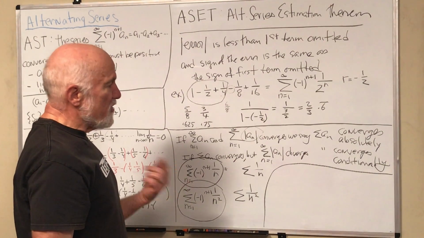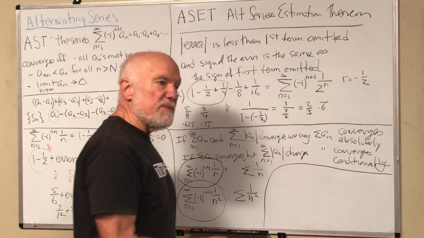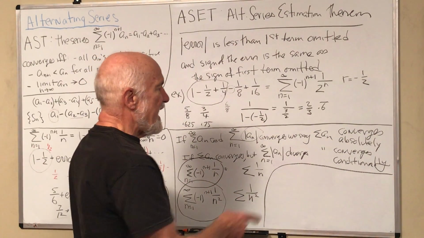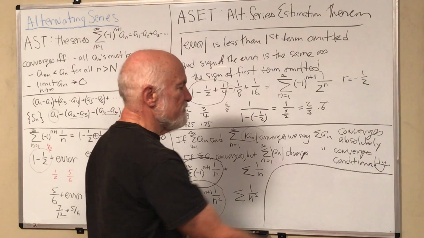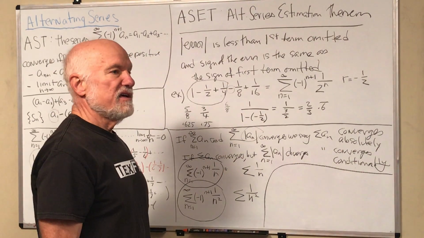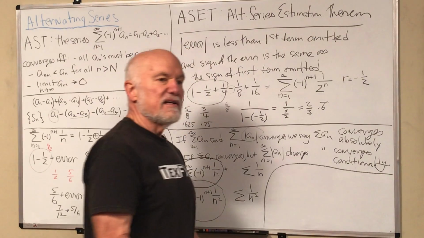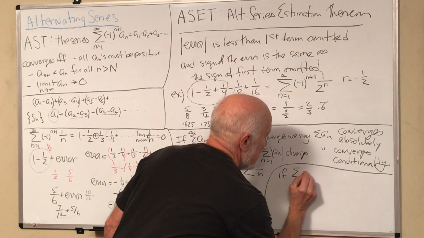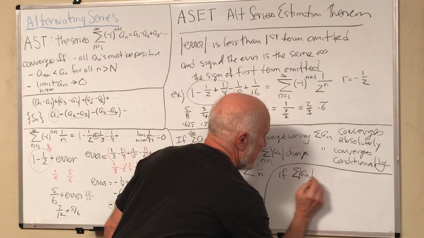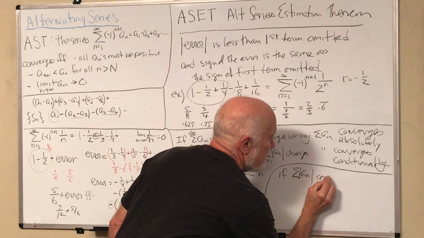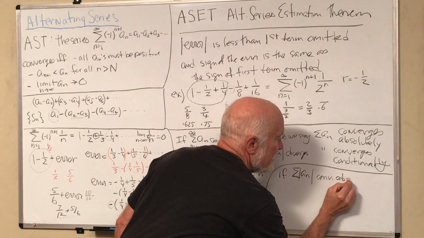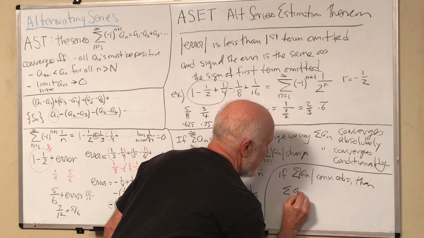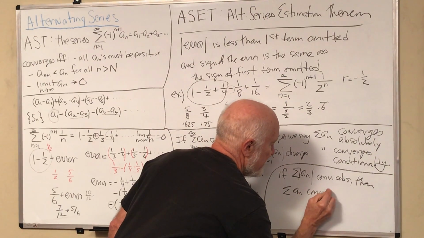But there's one other theorem, and I'm not going to prove this, because it kind of makes sense. If a series converges absolutely, then the series converges.